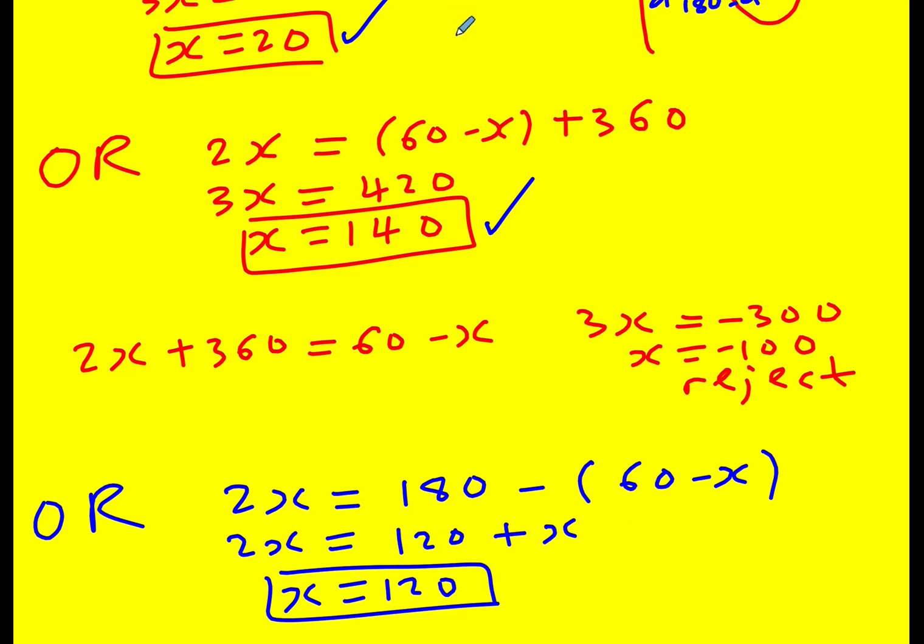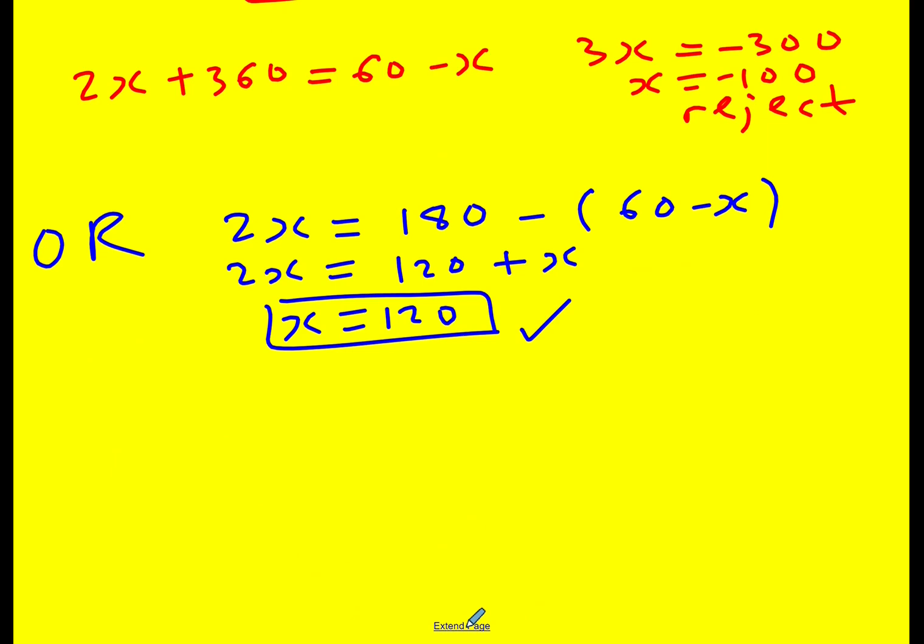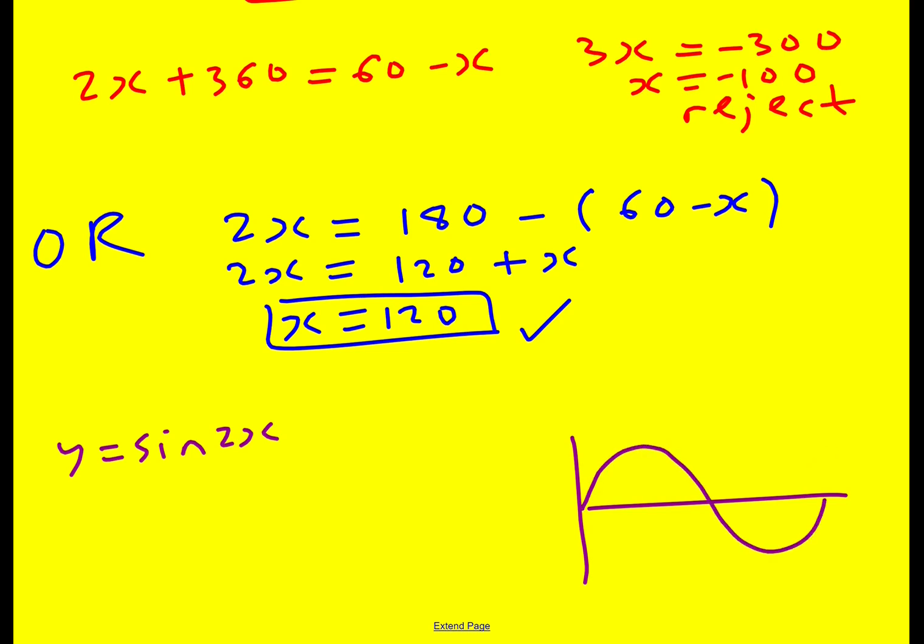How do I know that I've got them all? Is a question I hear you asking. And this comes on to my second way of thinking about this problem, and that is to plot or sketch y equals sine 2x, which is actually quite quick to do because it is just going to be y equals sine x, but now it's going between 0 and 180 rather than 360.